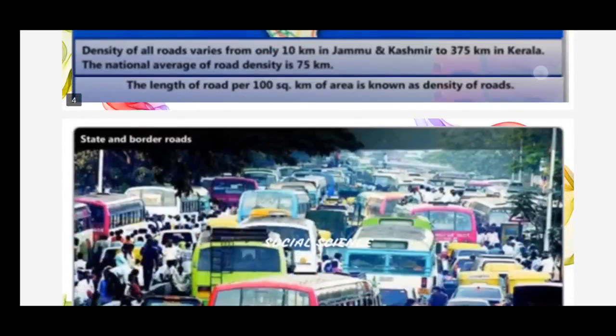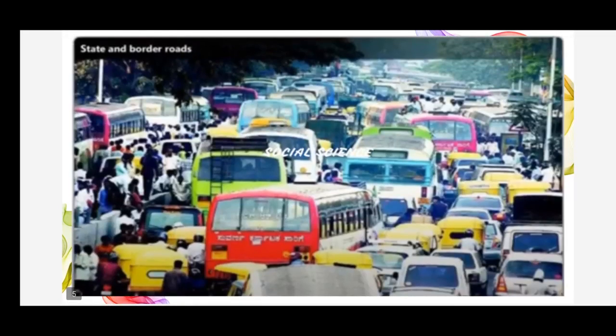But children, road transport in India is facing a lot of problems. Keeping in view the volume of traffic on the roads, if you go to cities like Hyderabad and Chennai, the metropolitan cities, the volume of traffic is very high, with vehicles and also passengers going on foot.